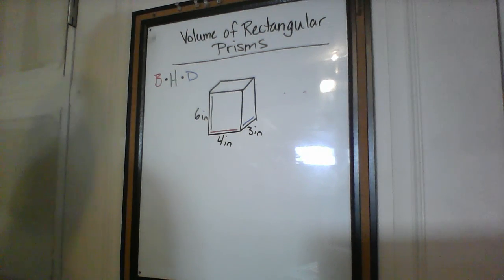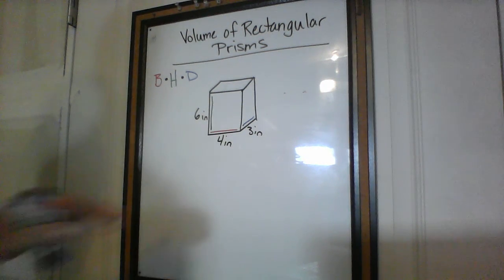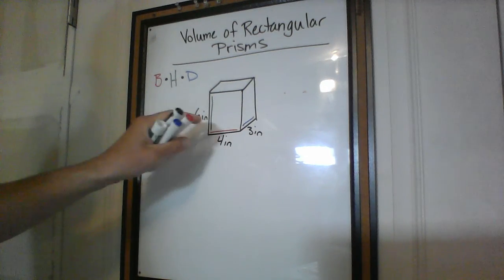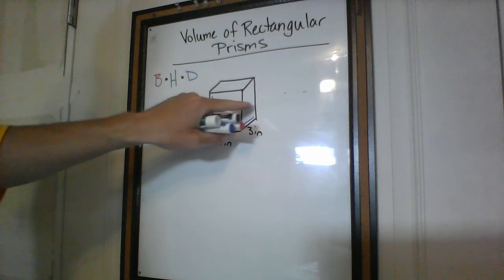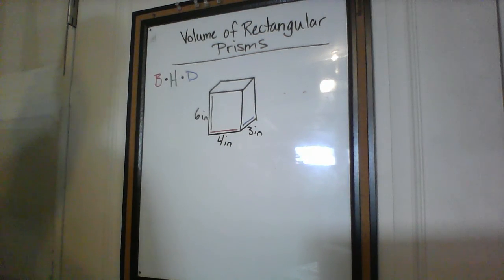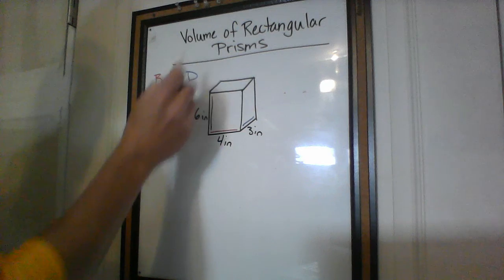So there are the three numbers that we're going to look at. These two are going to be like this, and the height can be again here, here, or here when it's labeled on your shape. So we are multiplying these numbers together. That's all we are doing to solve for our volume.